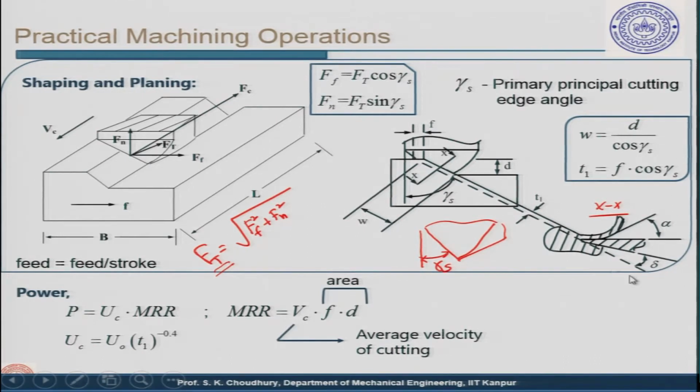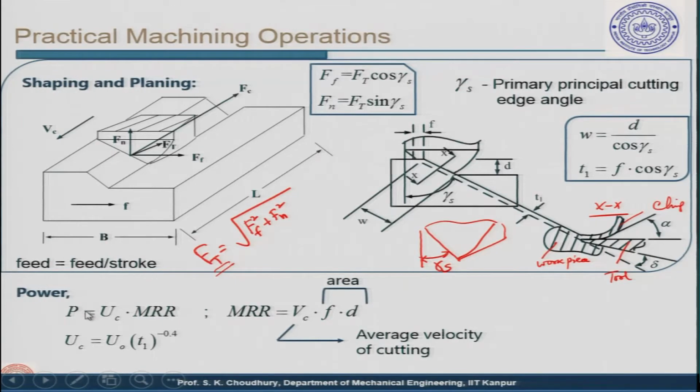So, here also you can see the chip flowing, and this is the workpiece, all right, by the way. So, you understand that this is a workpiece, this is the chip flowing, and this is the tool. This is given in the sectional view, because it is the XX cross sectional view here.